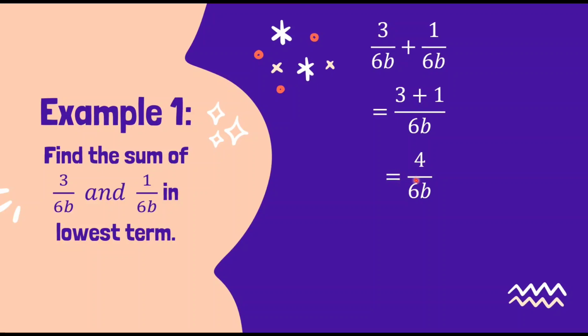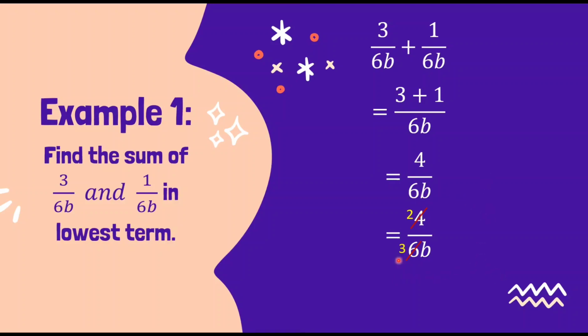And what is that divisibility? Correct. So they are divisible by 2. Okay, so let us have 4 over 6b. So 4 divided by 2, the answer is 2. And then 6 divided by 2, the answer is 3. So we can apply the cancellation method.